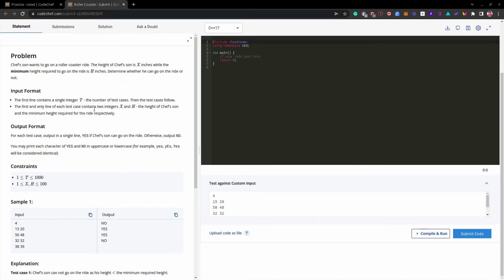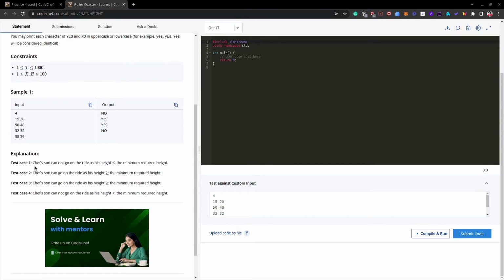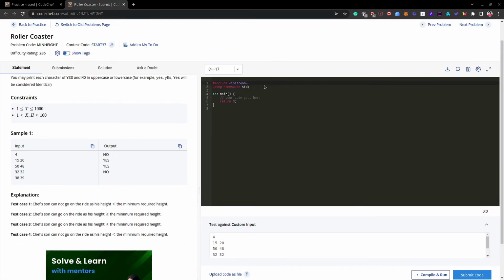Test cases, always. Two integers, 6 and 8. Height of the son. Nice. He cannot go on the ride as his height is less than the minimum height requirement. In the other case he can go on the ride. Okay, this one is really easy.